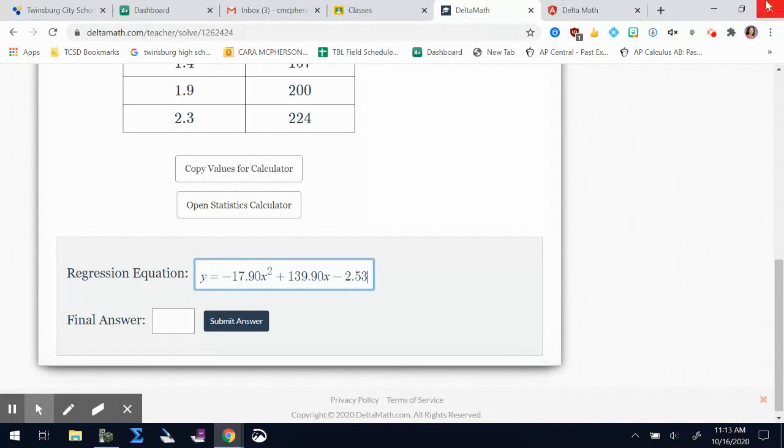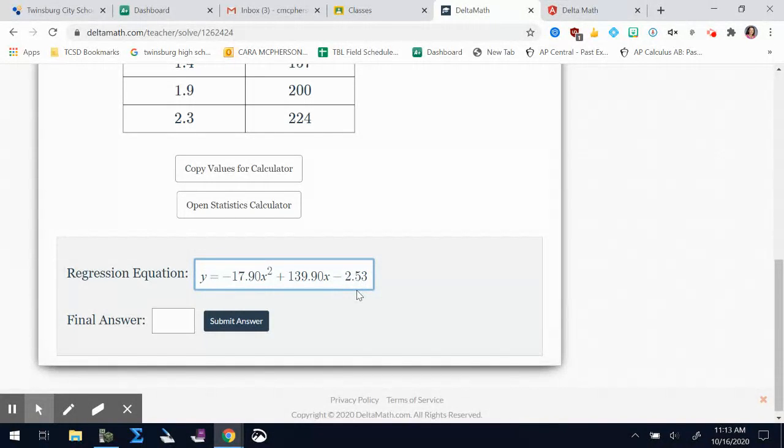Some things about this: what this is telling you is it's negative because it's a parabola that is opening downward, which makes sense if you think of the path of a rocket. And this value at the end, your y-intercept, is giving you an idea of the height that it started out at. So that's what that number represents.